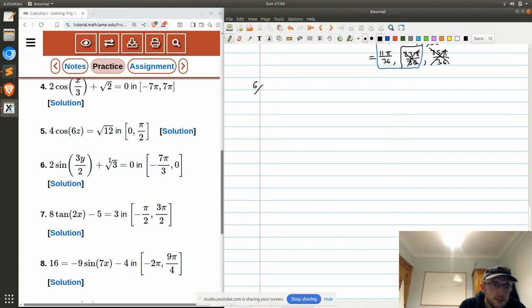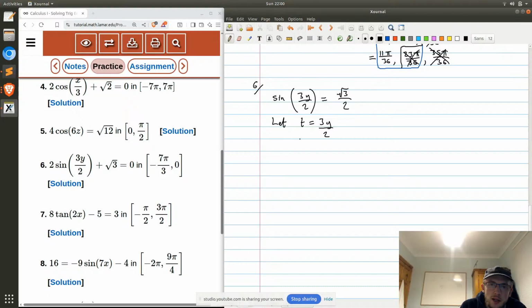All right. What do we do? So we say sine of 3y over 2 equals root 3 over 2. We let t equal 3y over 2.